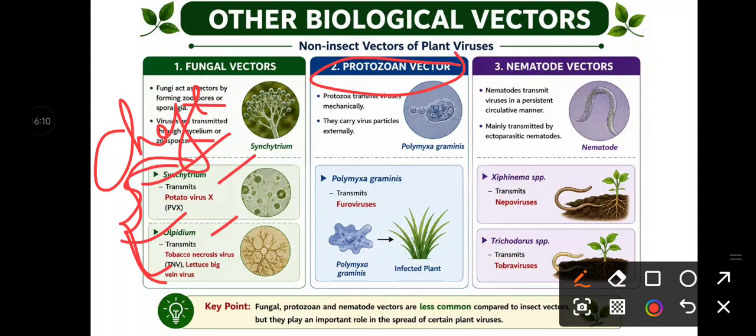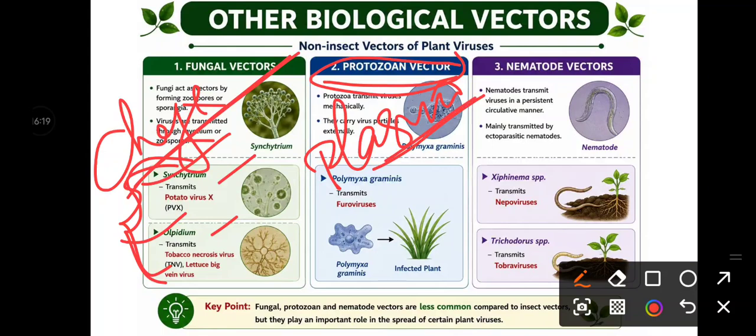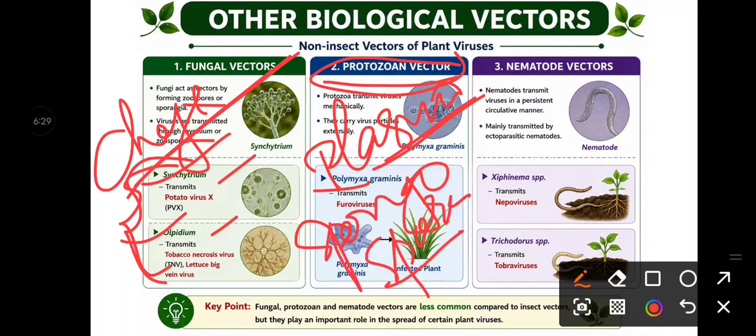So the Plasmodiophorales are the protozoan vectors, specifically Polymyxa and another is Spongospora. These two are the protozoan vectors responsible for spreading plant viruses.